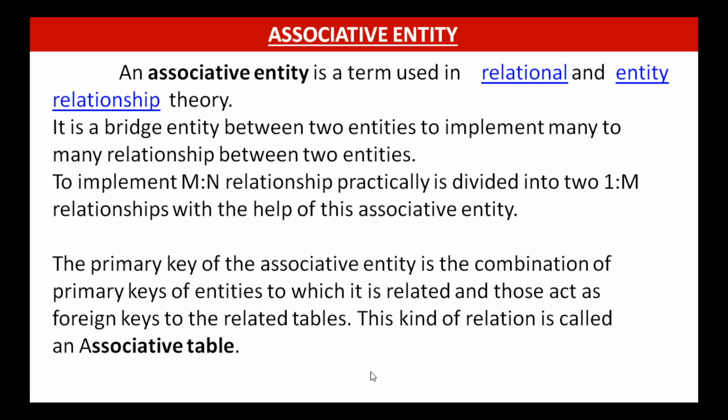We already discussed this concept in previous topics. What is primary key and foreign key? The primary key and foreign key concept is used to establish a relationship between two tables.